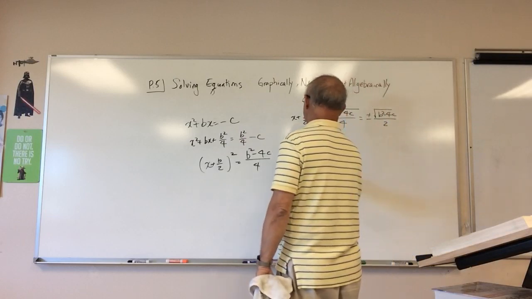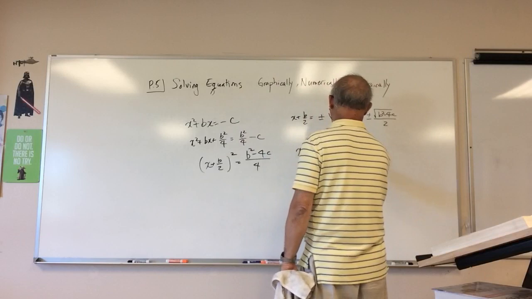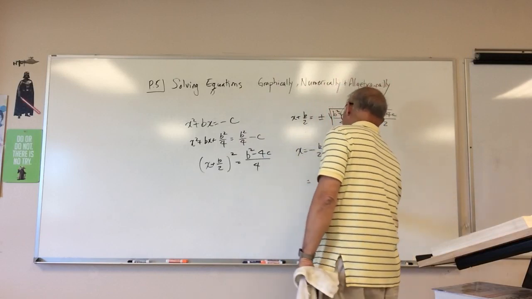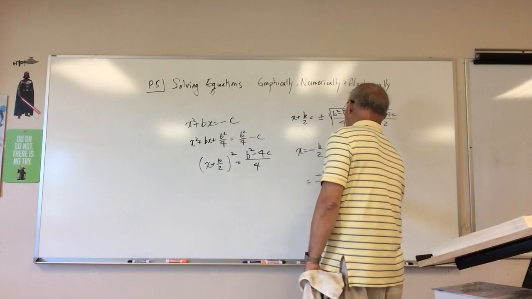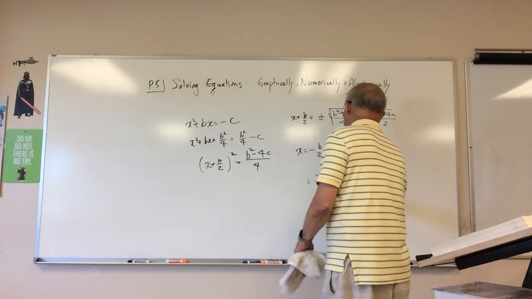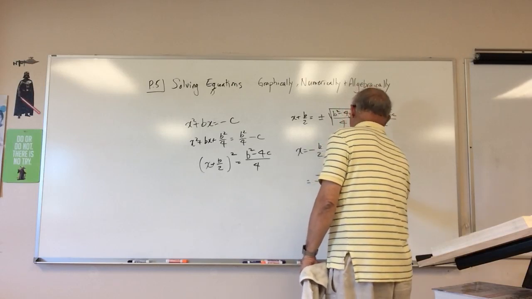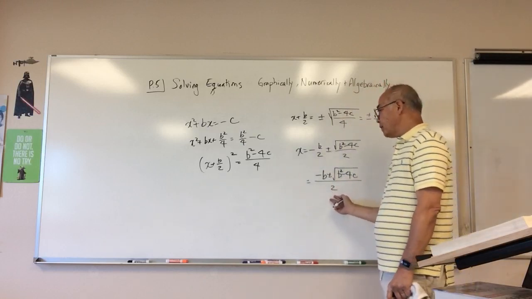I get x is equal to negative b over 2 plus or minus the square root of b squared minus 4c over 2. I have the same common denominator. So this looks awfully familiar, right?